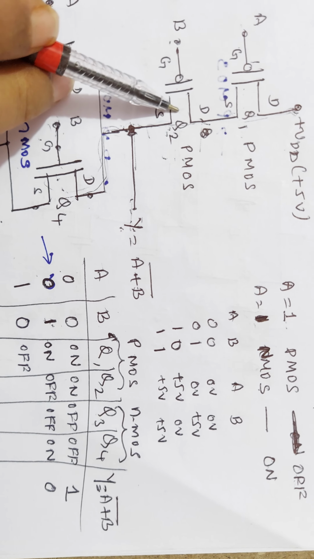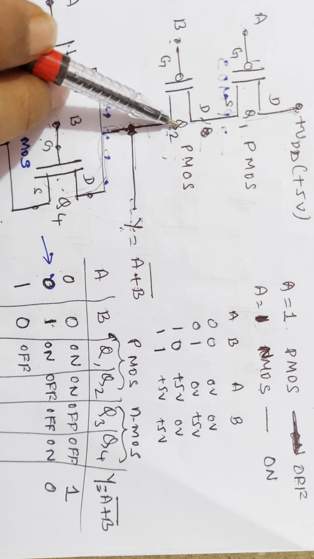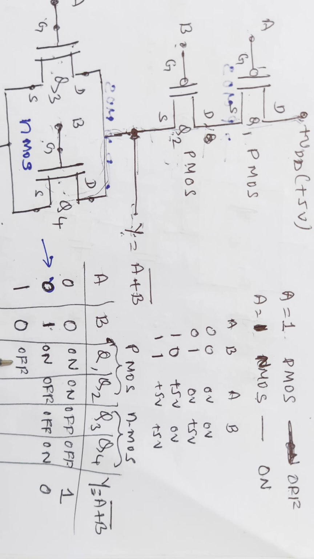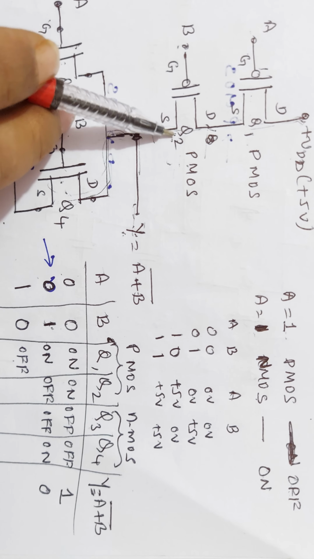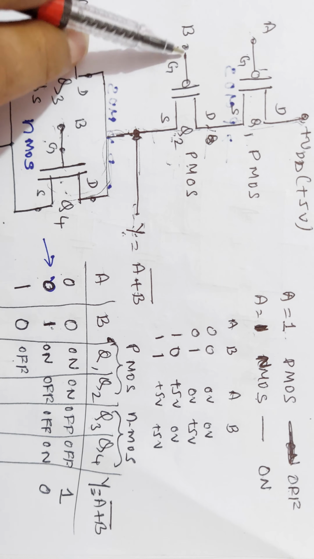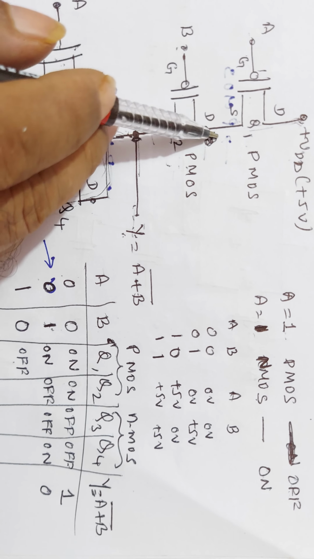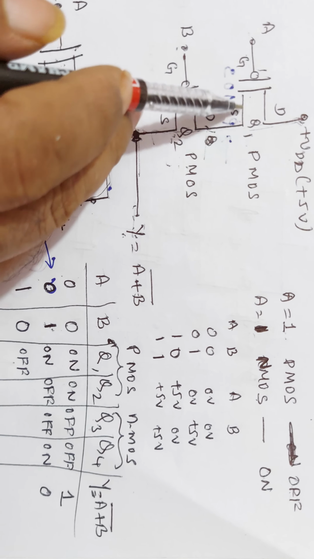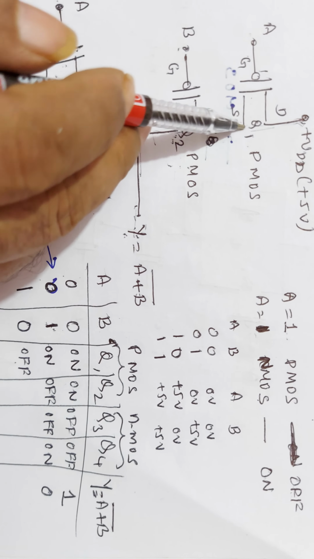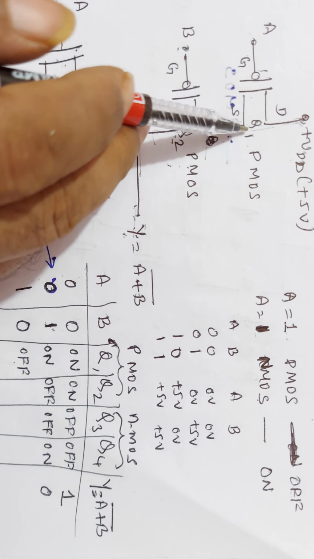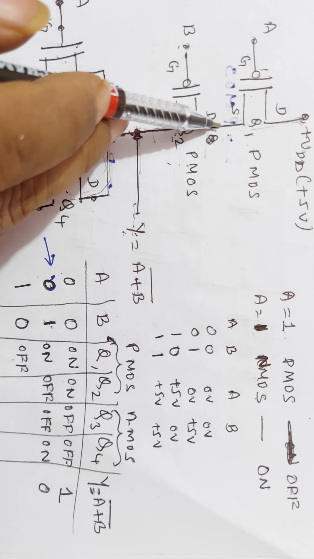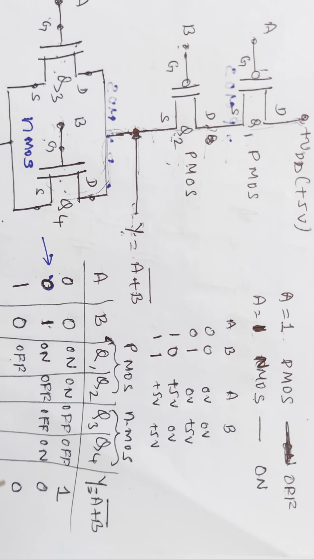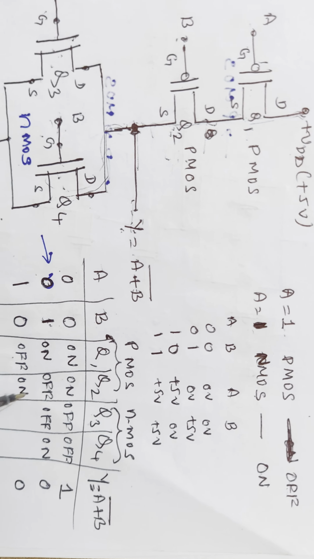B equals 0, therefore Q2 goes on, because when B equals 0, the P channel goes on. It acts as a closed switch here, but it acts as an open switch here. There is no connection from here to here. It acts as an open switch because it does not connect. Therefore, no current can flow through this and the output is 0.